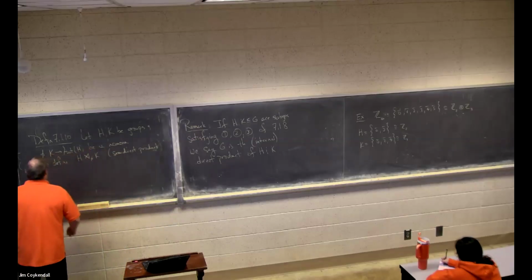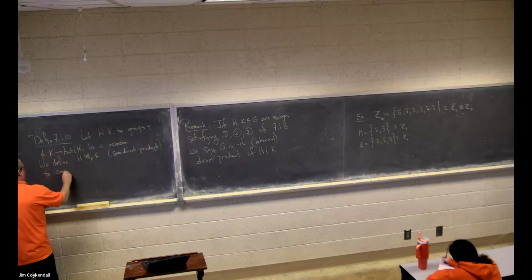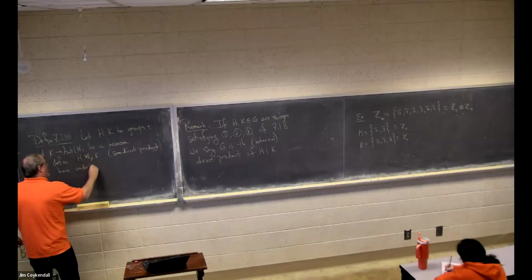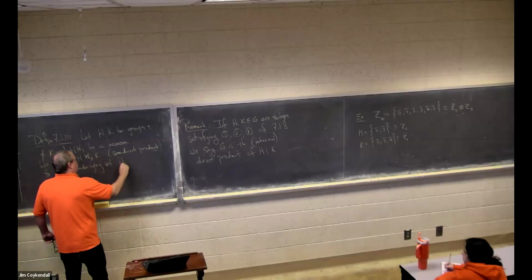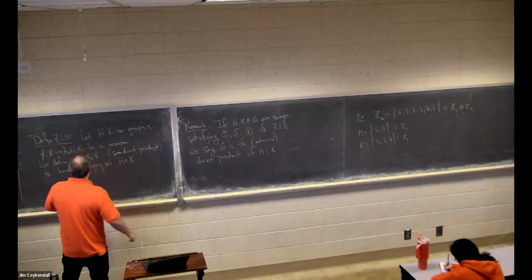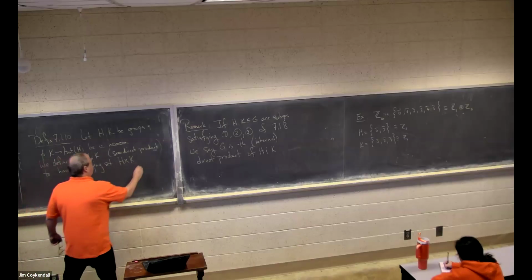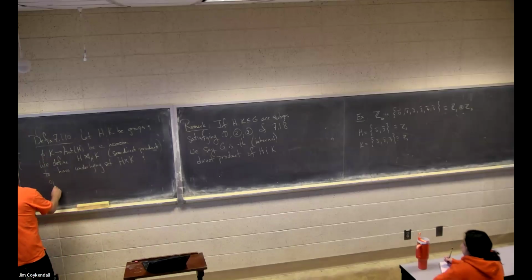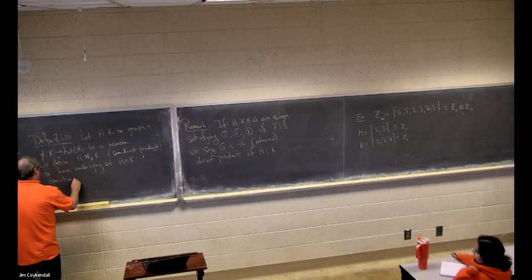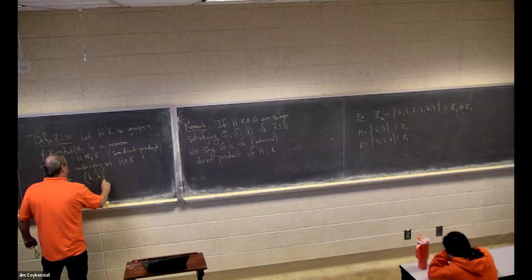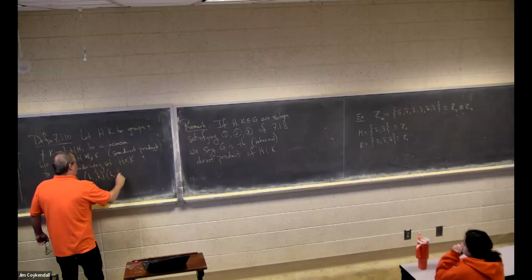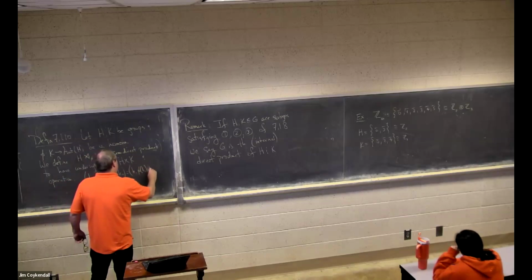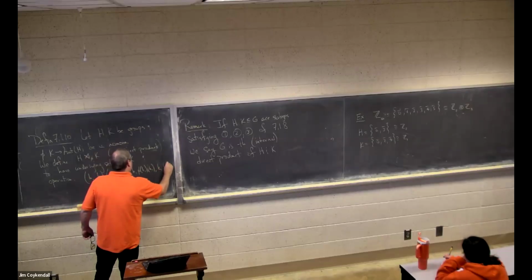It consists of the underlying set H times K, and multiplication given by (h1, k1) times (h2, k2) equals (h1 phi(k1)(h2), k1 k2).